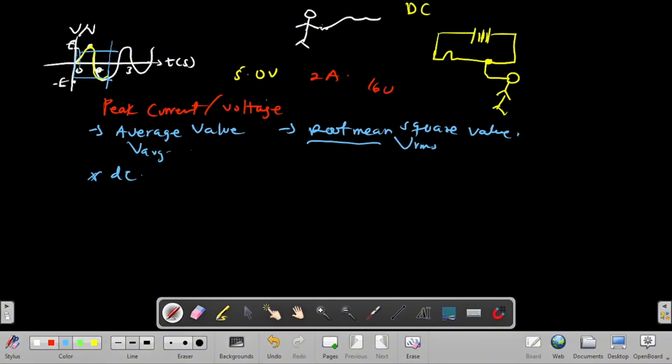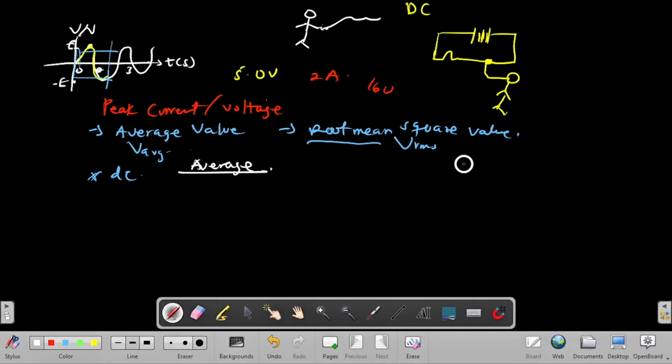To start, we need to understand how to solve for average value and how to solve for root mean square value. To solve for average value, we are going to take the steps one by one. How do I find the average value of my AC?